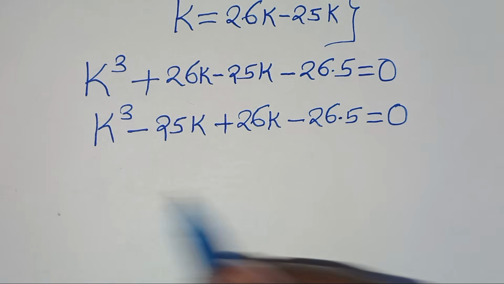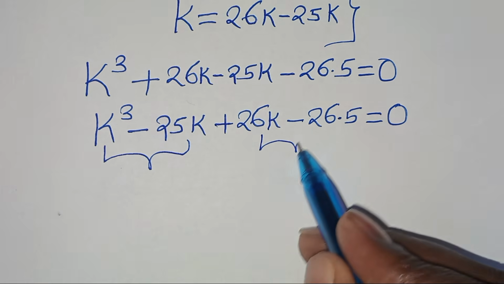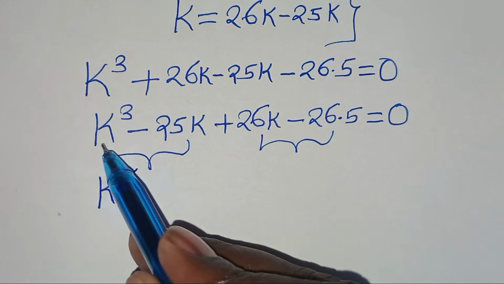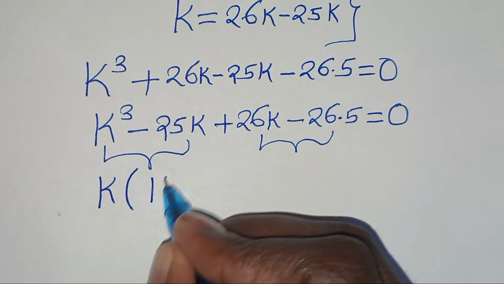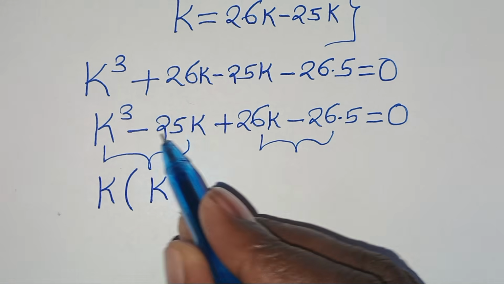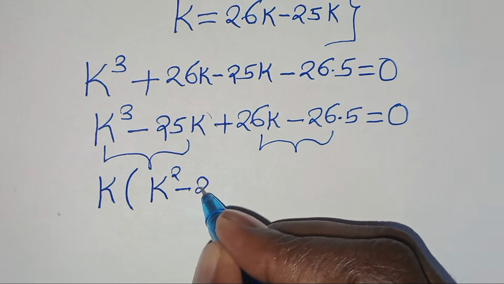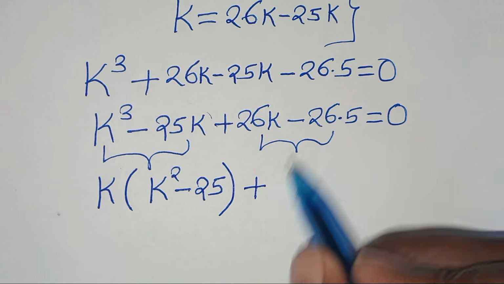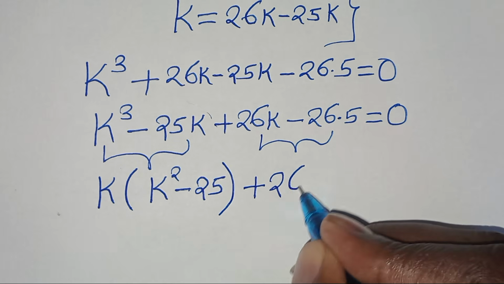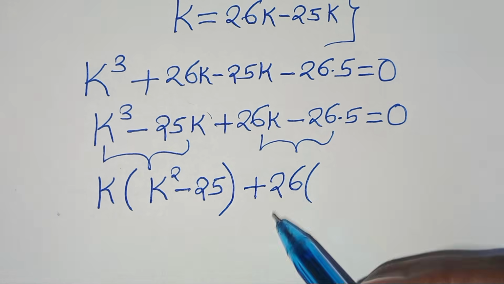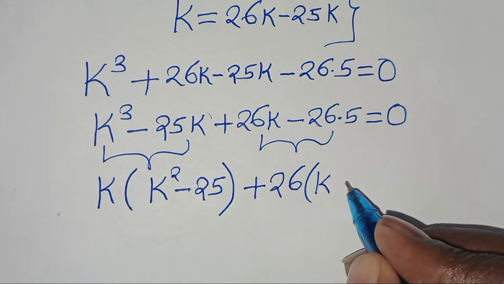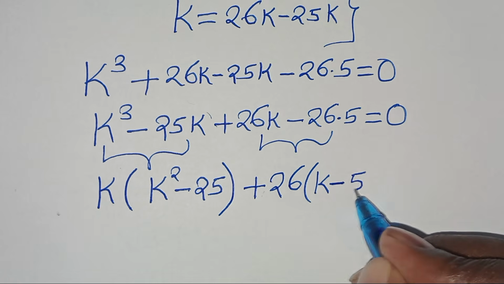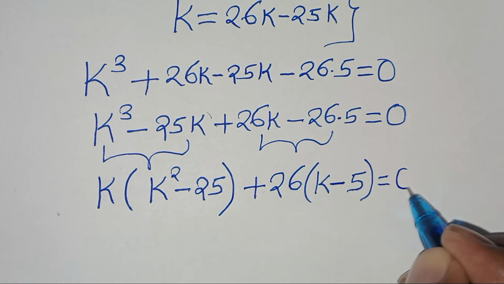Now the next step is that we have got two parts here. From the first part we have k is common. Let's factor out k so that k to the power of 3 divided by k, this is k squared, minus 25k divided by k, this is minus 25, then plus. Now 26 is common here, so let's factor out 26 so that we have 26k divided by 26, this is k, then subtract 26 times 5 divided by 26, this is minus 5, and this is equal to 0.